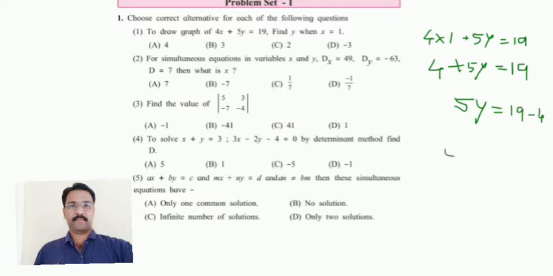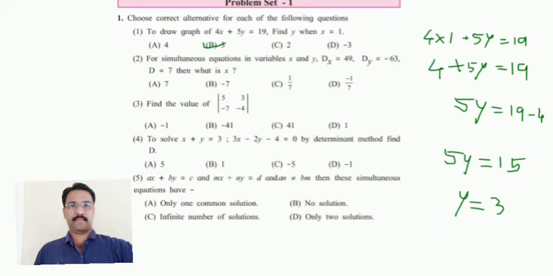This is nothing but 5y is equal to 15. And what is y? That is nothing but y equal to 3. That means which option is correct here? If you observe, this is the correct option. Understand?